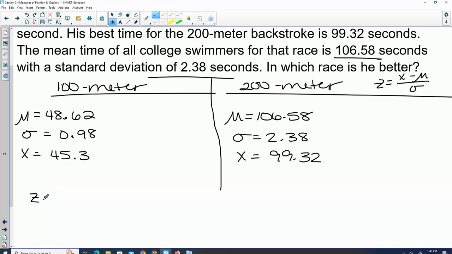So on the 100 meter, his z would be his value minus the mean divided by standard deviation. I told you we typically go to 2 decimals on a z. Not that it would be wrong if you gave me more.